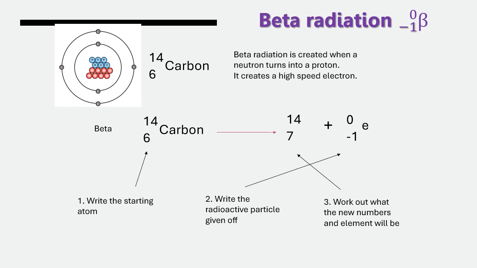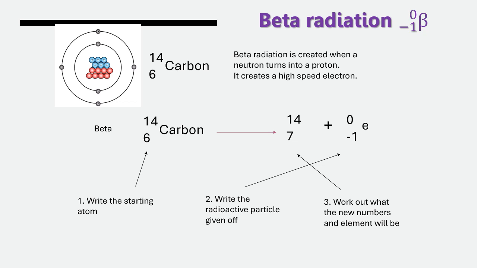So we started with 14 and we ended with 14. So it makes sense that we've got 14 as our mass number and now we've increased the atomic number by 1. And now we can see why the beta particle has got this 0 and -1 as its atomic number.